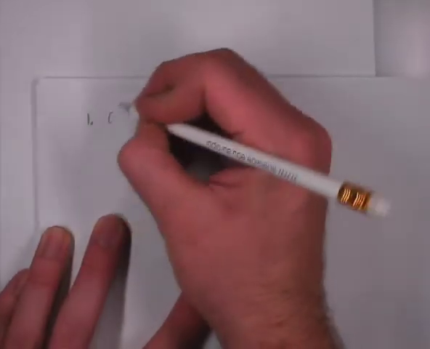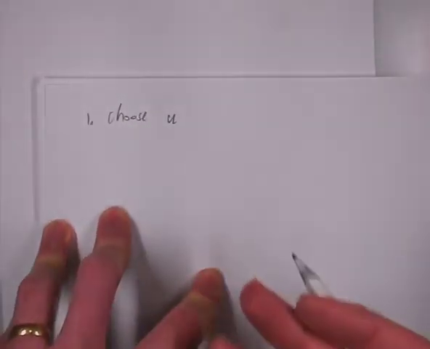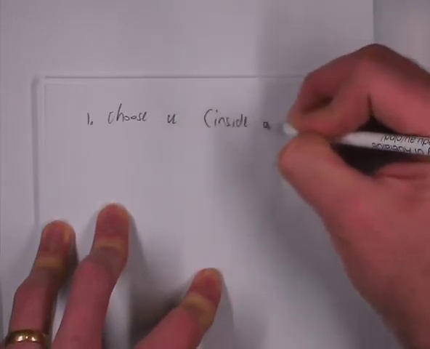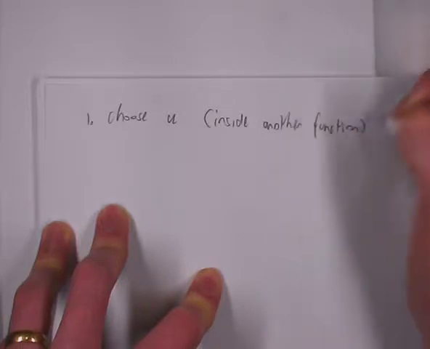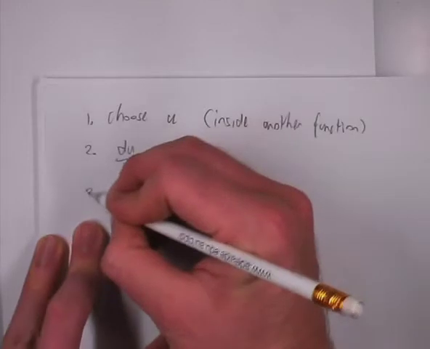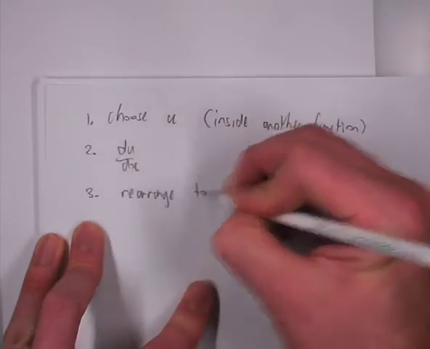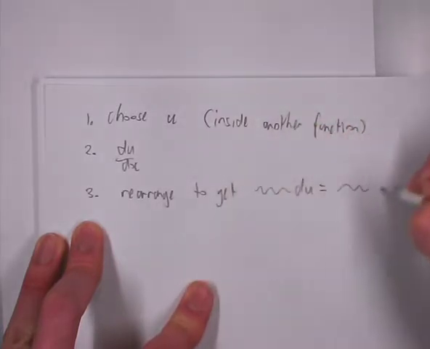So step 1 is choose u. It must be inside something else. And then do du on dx. And then rearrange to get something du equals something dx.